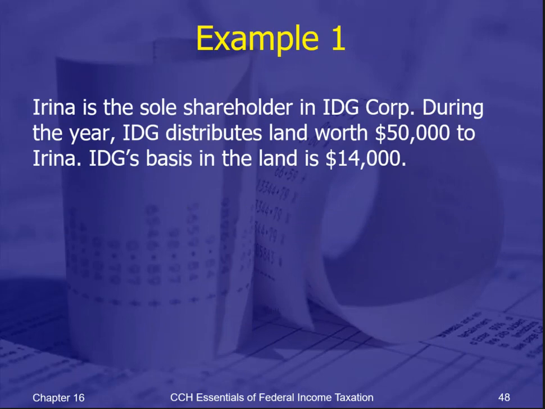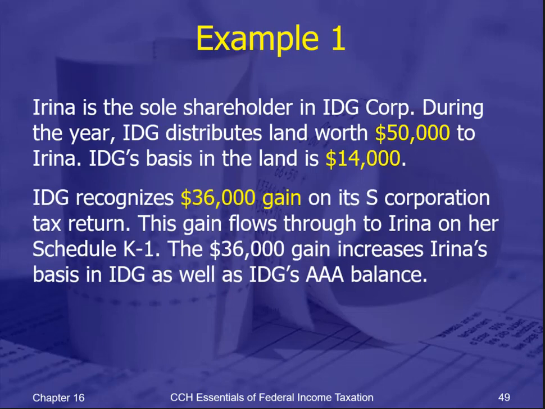The shareholder is distributed land, it's worth 50, basis is 14. So there's quite a gain here in this land. IDG recognizes that gain. That's the corporation. Puts it on their corporation tax return. It flows through to Arena on her Schedule K1. If there were more than one shareholder, it would flow through to multiple shareholders.